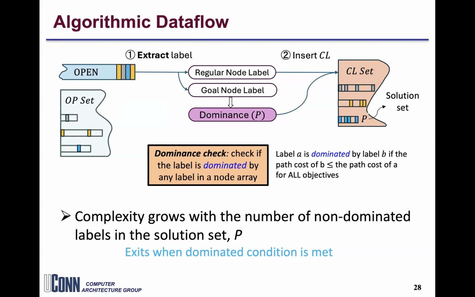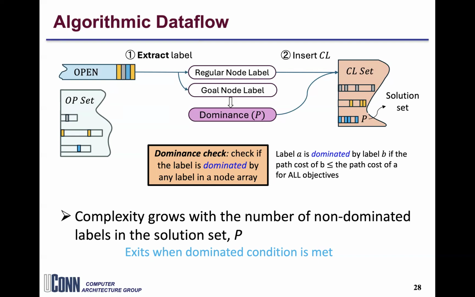In this particular case, we're trying to find a multi-objective shortest path. If it's a goal node label, it's just supposedly a Pareto optimal label. So what we do is we see if in our solution set, which is part of our closed set, this is the solution set for the goal node's labels. These are other Pareto optimal labels that we have found so far.